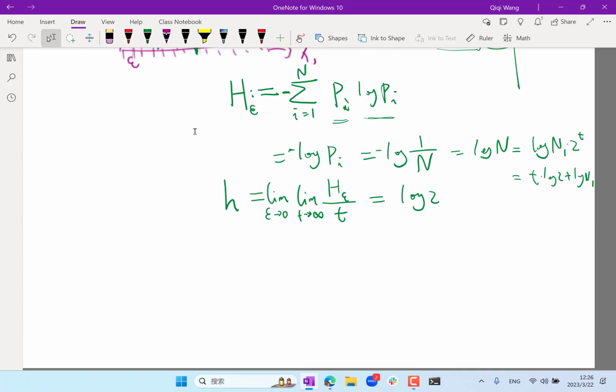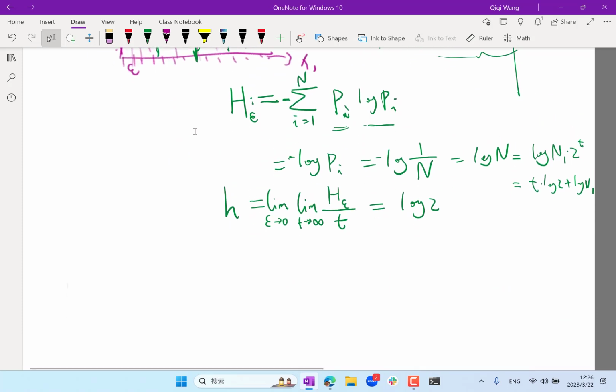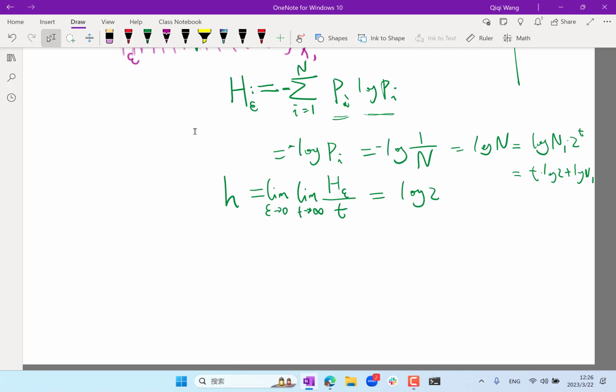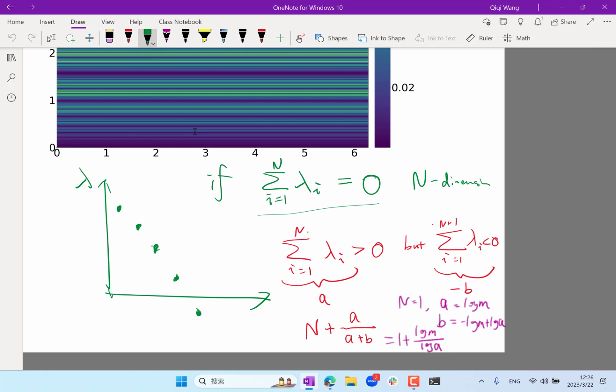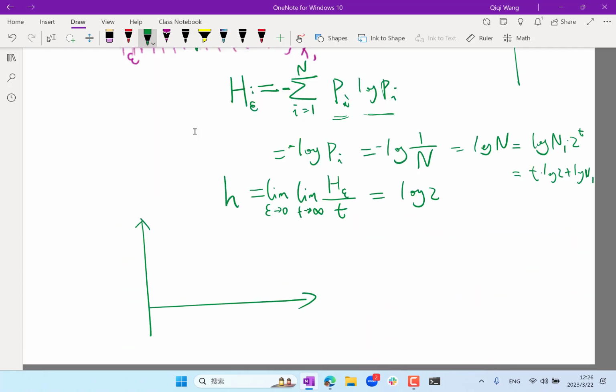Yeah. So maybe before we end, I'm going to just tell you what is the general formula for the dynamic entropy. Unlike in the previous case, we are not just looking at a single Lyapunov exponent. Here, we are looking at the summation of the Lyapunov exponents until it reaches the 0 point.